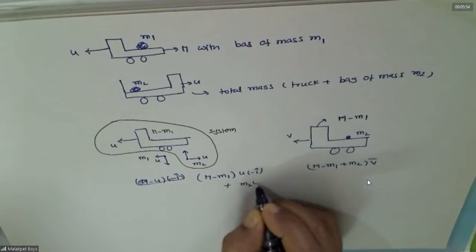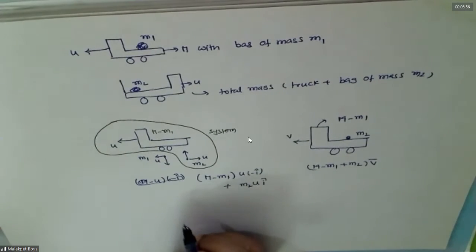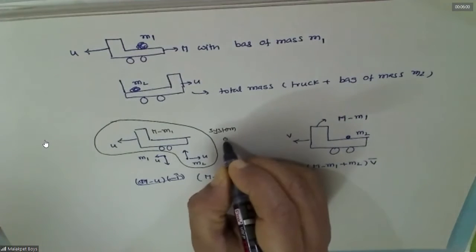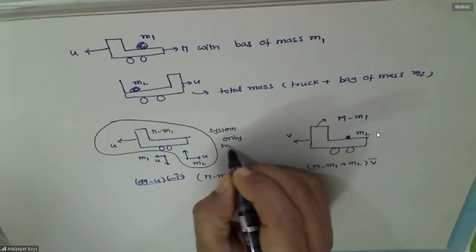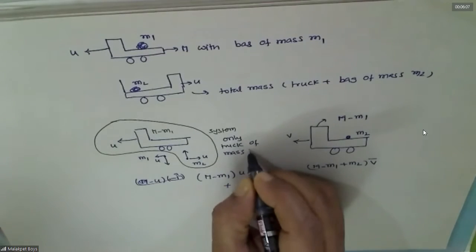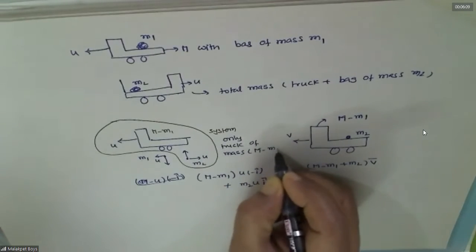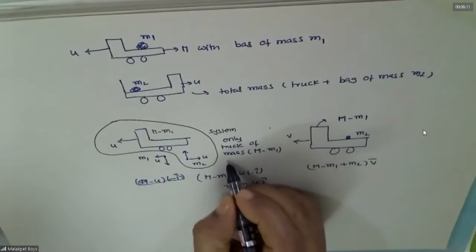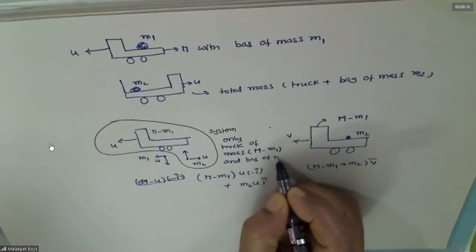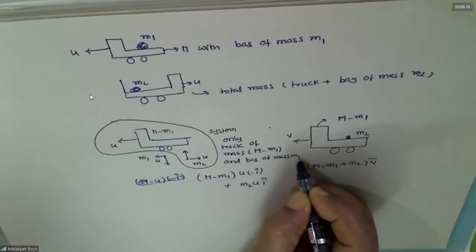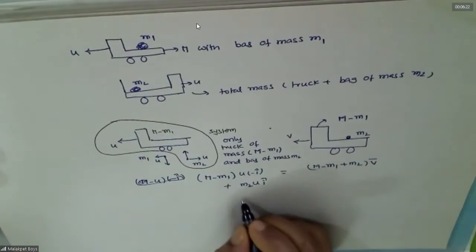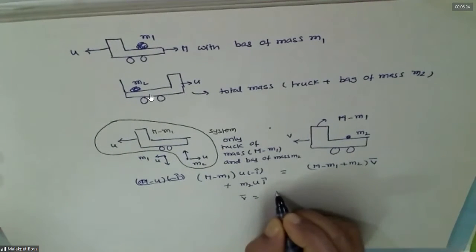Do you agree with this? Clear? The system is nothing but only the truck. What is the mass of the truck? If I choose the system like this, then I can conserve the momentum, no? Whereby you got this.